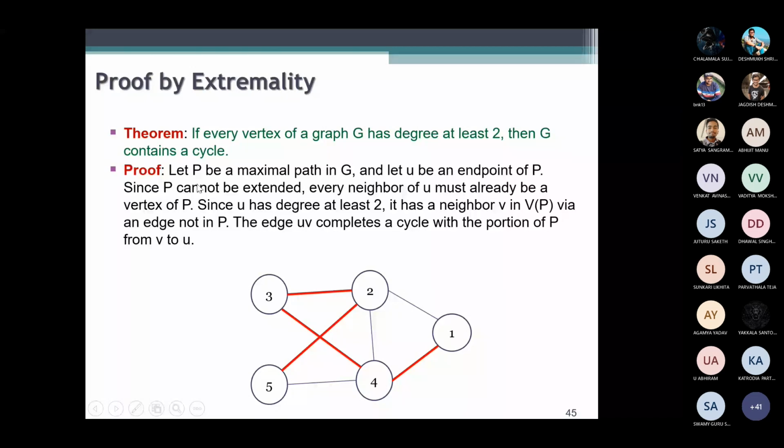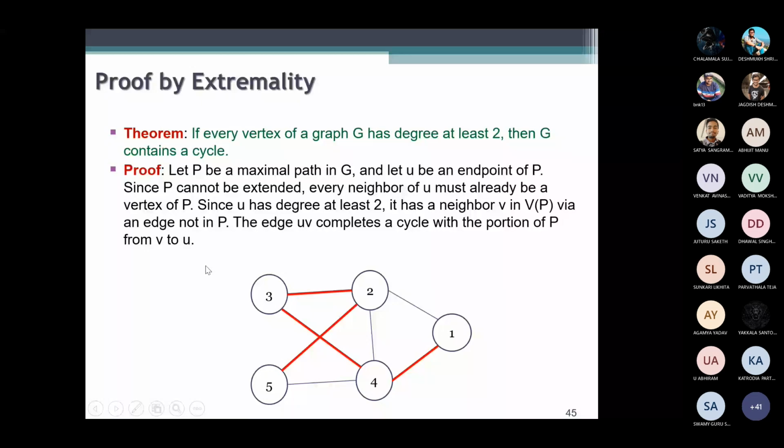Via an edge not in P, there is 1 2 here. This edge UV completes a cycle with the portion of P from V to U.